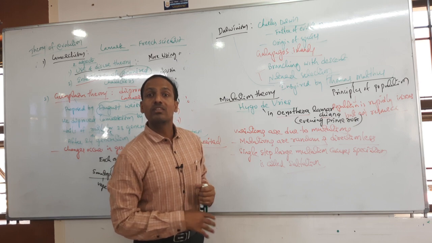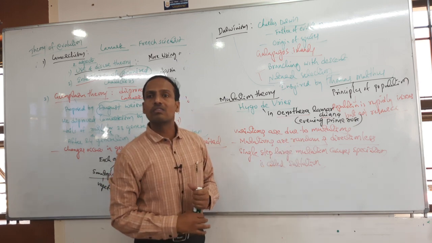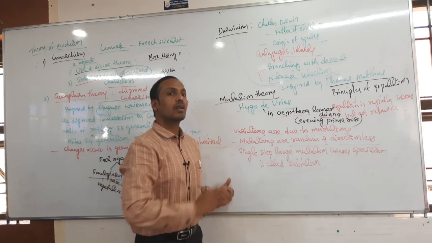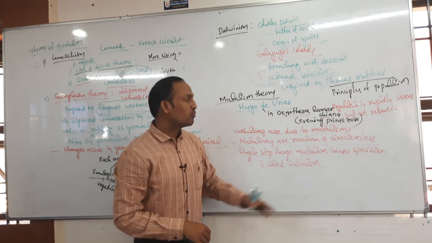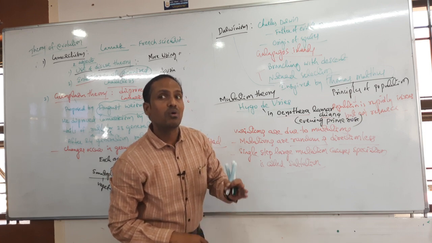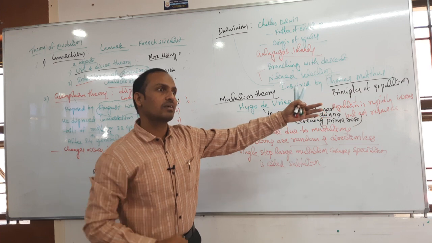Correct, students? Okay, now the mutations are mainly random. Sometimes undesirable characters also may be formed, and sometimes they may be expressed. That's why they don't have any particular direction. Don't think that mutations always bring only new useful characters.